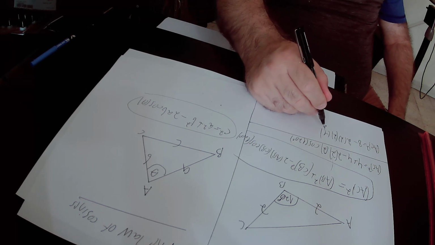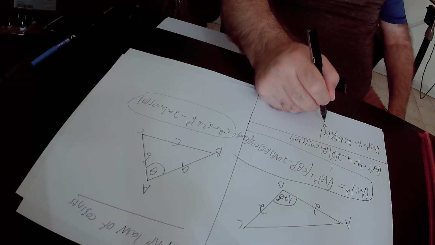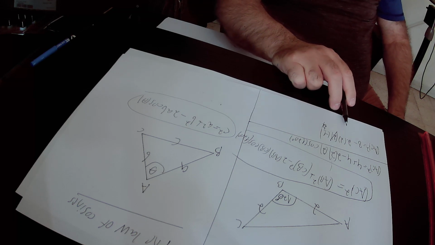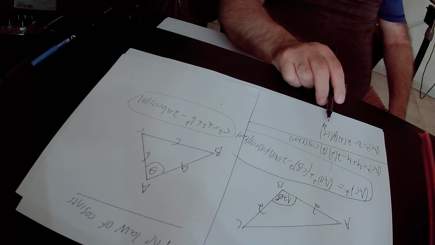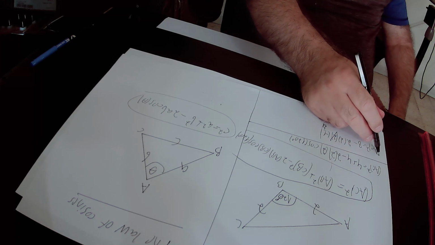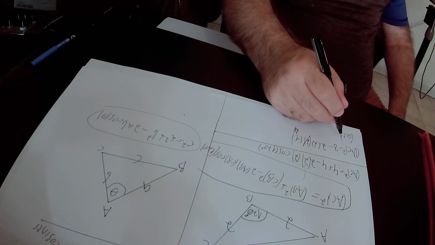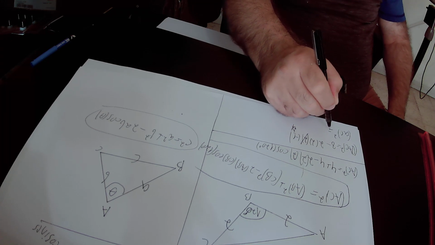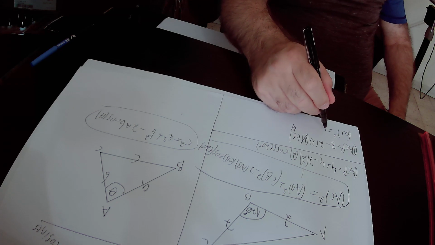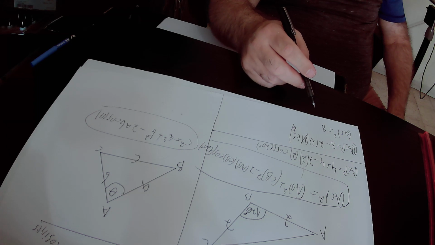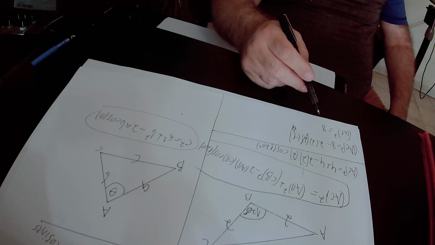Two over 2 is 1, so 2 will get cancelled, and minus times minus is plus. So in total, this expression will be positive. So we found out that AC square equals 8 and minus 2 times minus 2 is 4.